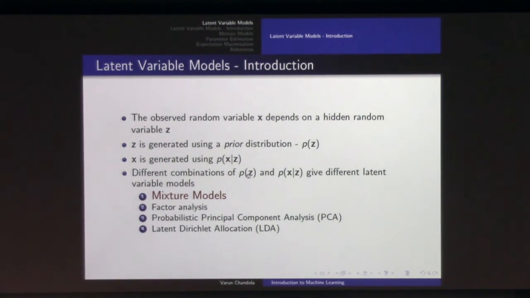Each one of those choices would result in a different model. In general, all of these are scattered across literature in statistics, machine learning, data mining, but this formulation brings them all together. That's why I want to start with this. In fact, you can also include clustering here as well. Clustering can be thought of as one type of mixture model. So we'll look at that next.